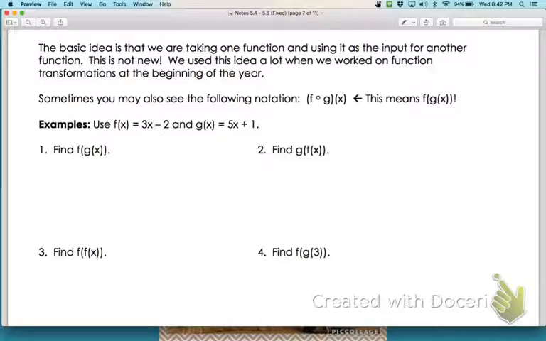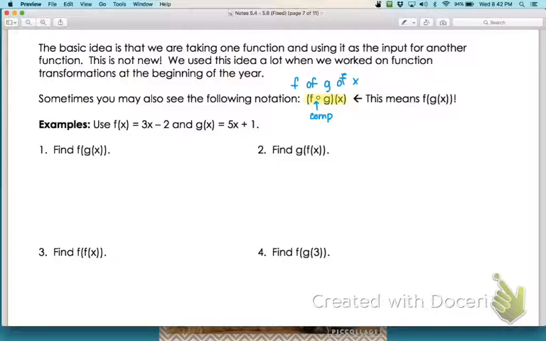And just a side note here, sometimes you'll see this alternative notation right here, which also would be read as f of g of x. Okay. This little tiny circle, it's not a 0 or an O or anything like that, it's just a little circle, that represents the composition.